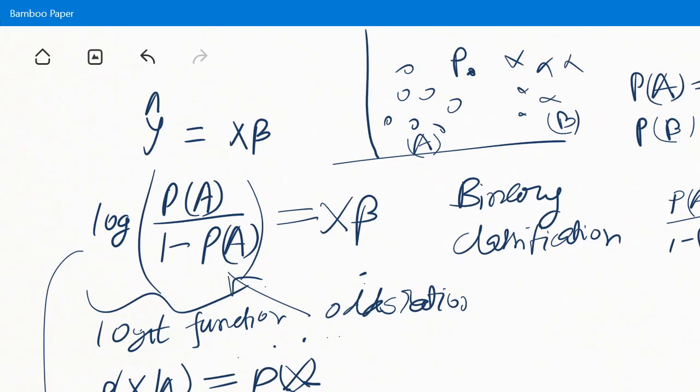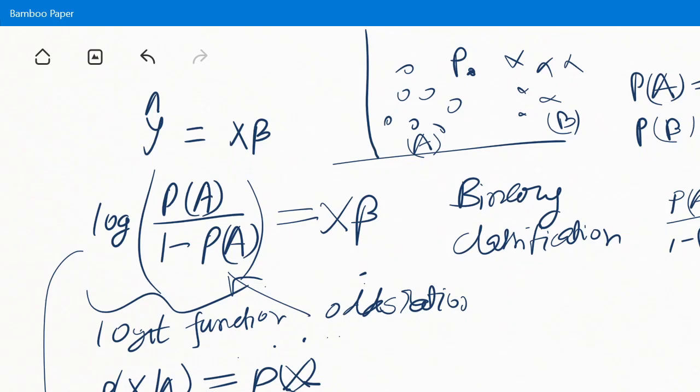You can write this as probability of x equal to 1 by 1 plus e to the power minus x beta.